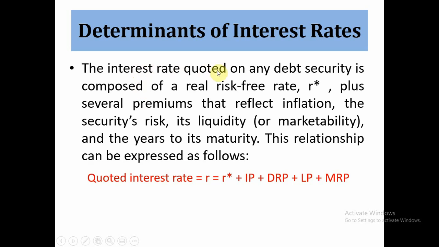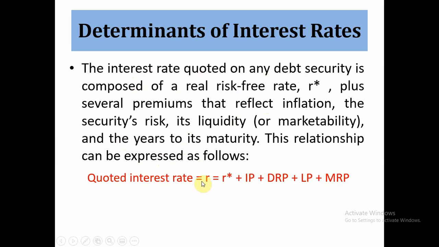So the interest rate quoted on any debt security is composed of a real risk-free rate R star plus several premiums that reflect inflation, the security's risk, its liquidity or marketability, and the years to its maturity. So this relationship can be expressed as follows.